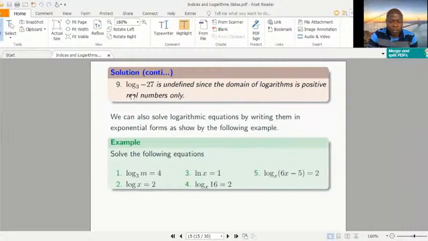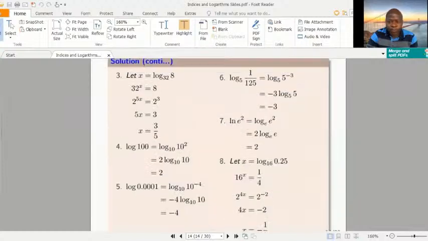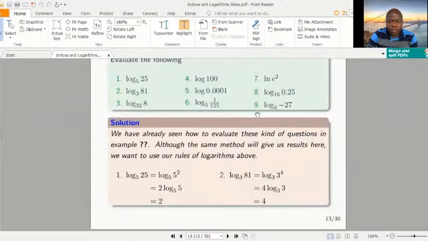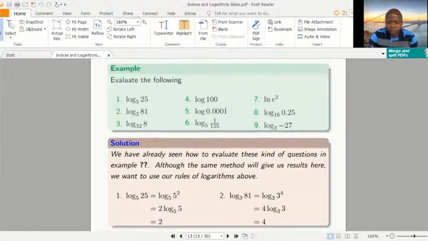Oh, there was another question. What was this question 9? Let's just go back and see what it was. Question 9 was find the log of negative 27 to base 3.